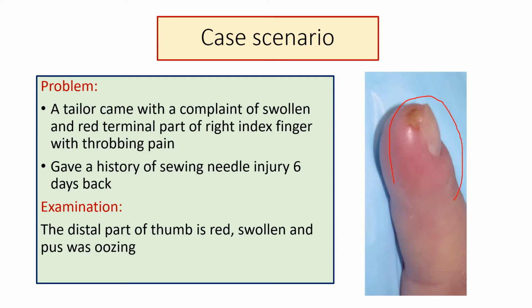He has a throbbing pain and gave a history of sewing needle injury about 6 days back. When you look at it, the distal part is red, swollen, and you can see the pus coming out.